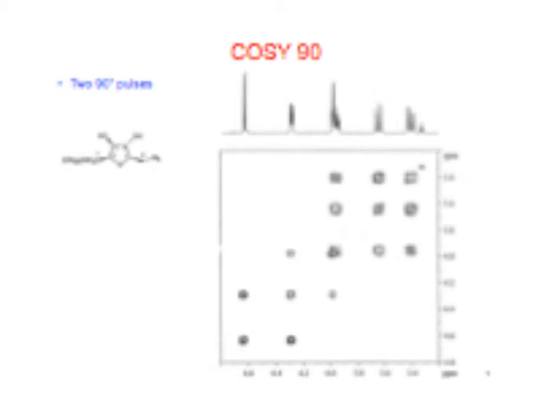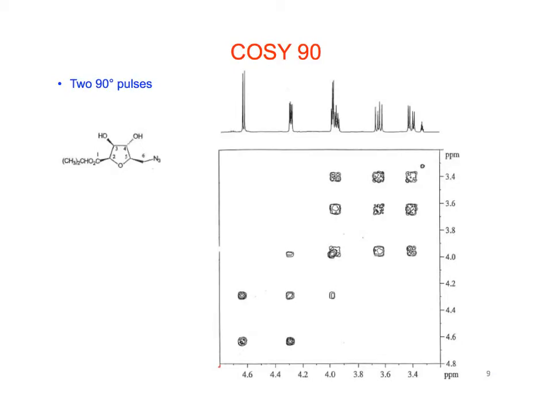So this peak, where they come together, is right here. There are two different axes, and remember that the diagonal right here is what really is correlated with that one-dimensional experiment.